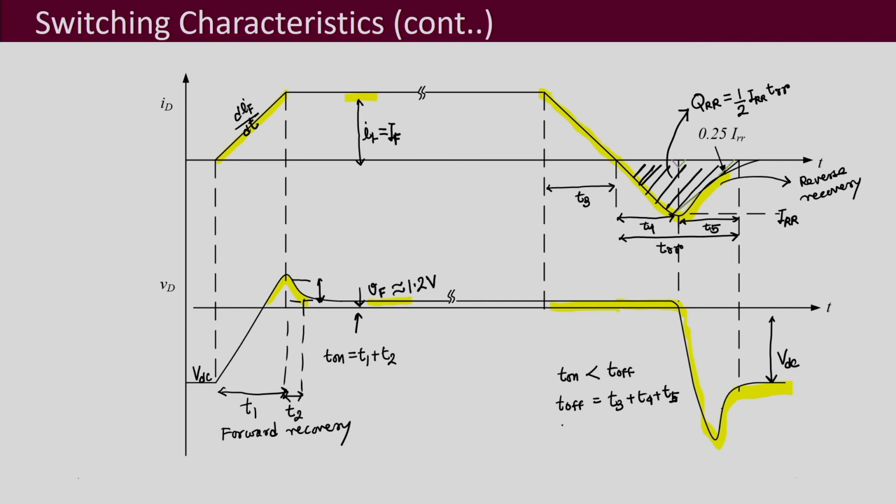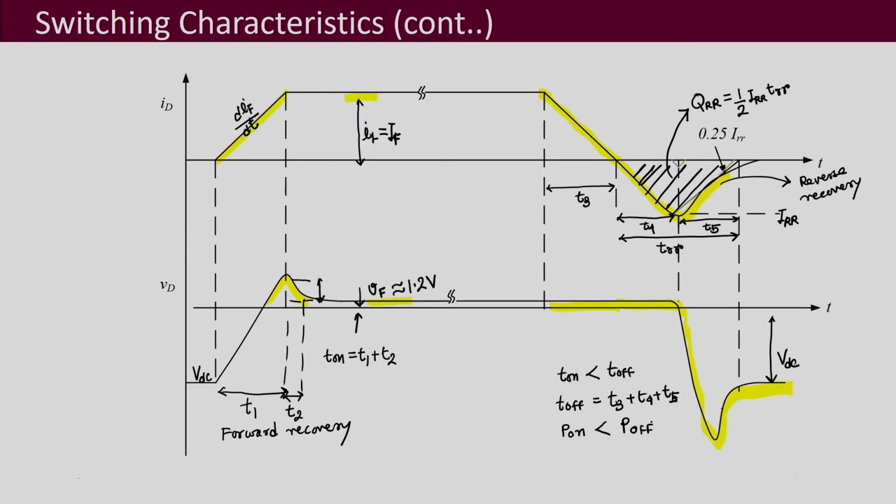And also the diode switching loss during turn on is lesser than the loss that happens in turn off. So when you calculate the switching losses, it is the diode turn off loss which contributes more in the total switching loss of the diode, and that is why it is given more importance.